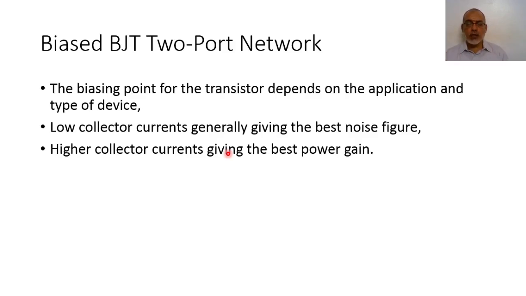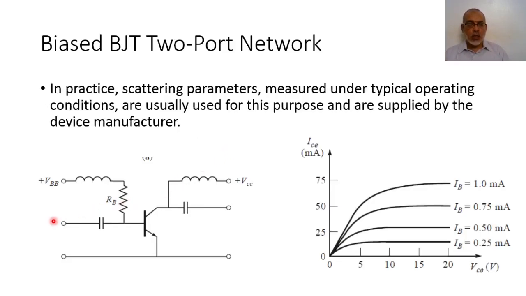For this biasing point, here is port 1 and here is port 2. By using a vector network analyzer, we are going to measure the S parameters S11, S21, S22, and S12.